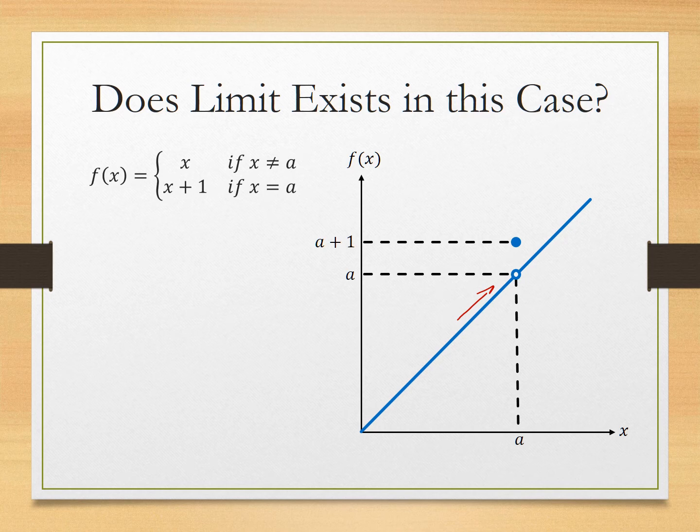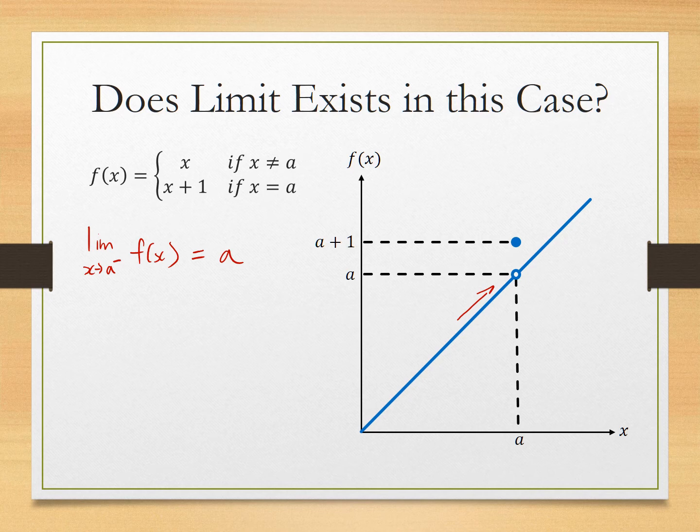In notation, you write the limit as x approaches a from the negative side of f(x) equals a. It doesn't matter that the function is actually taking on a plus 1 at a.